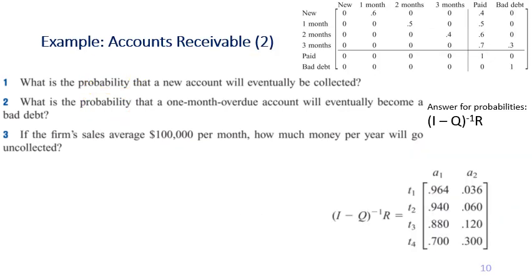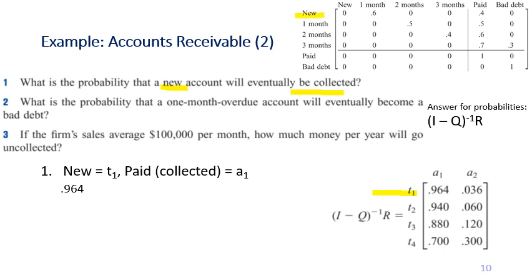Now that we have the matrix (I minus Q) inverse times R, let's use this to answer the questions. The first question asks us about a new account eventually collected. It means that the new account in this matrix is the first row. The first row here is denoted as T1, where T stands for transient, so the first transient state.